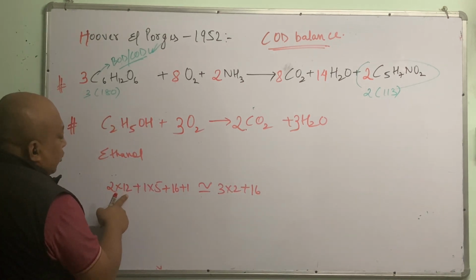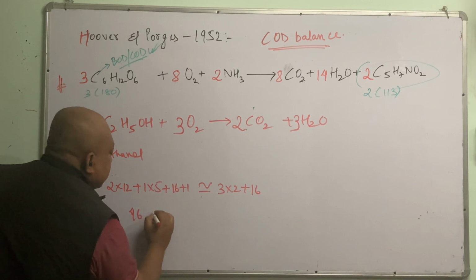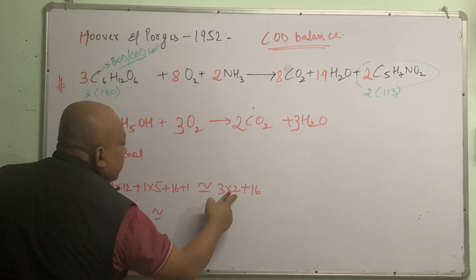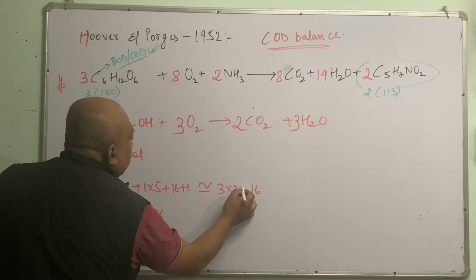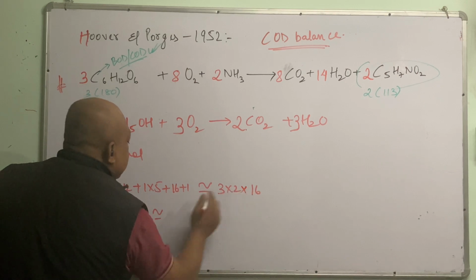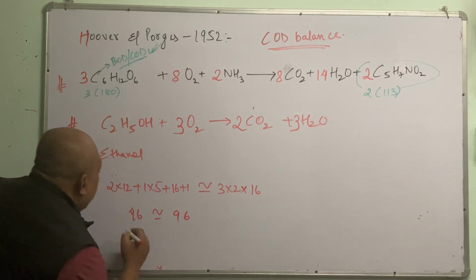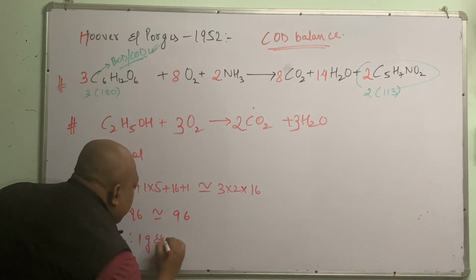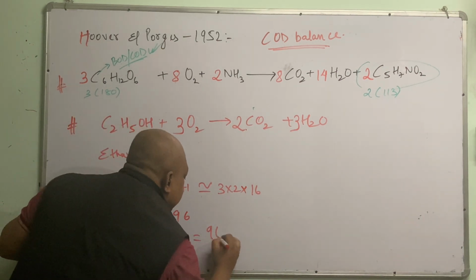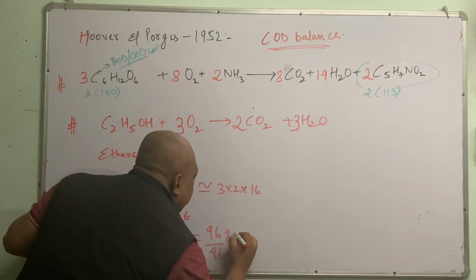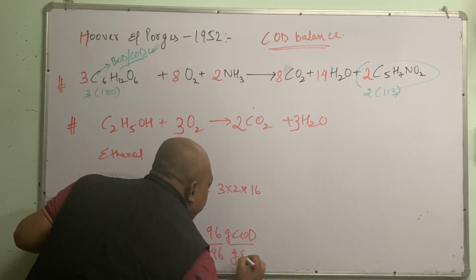This is 2 into 12, 24, 29, 30, 46. 46 is, this is 3 into 2 into 16, which is 96. Therefore, 1 gram of ethanol is equal to 96 divided by 46 gram of COD per gram of ethanol.